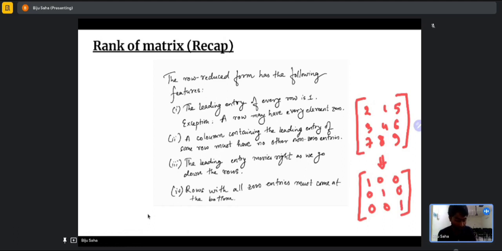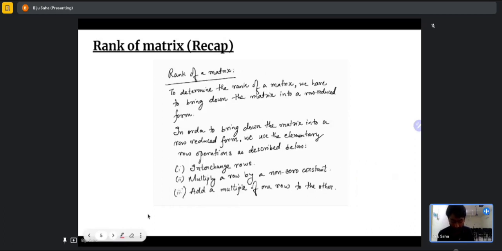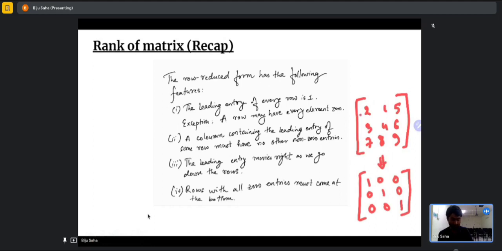This is something we achieve by performing several row operations that were discussed in the previous class. So again I am going to give a brief review of it. In order to bring the matrix into a row reduced form, I have to perform a few elementary row operations. One valid row operation is interchanging two rows.